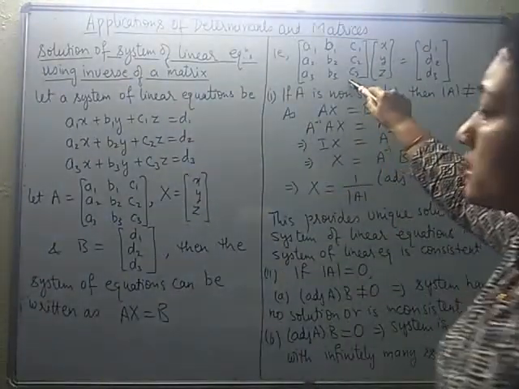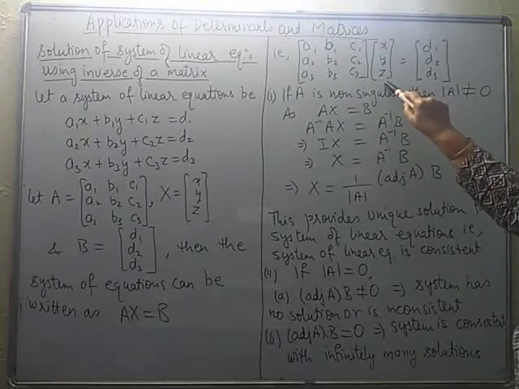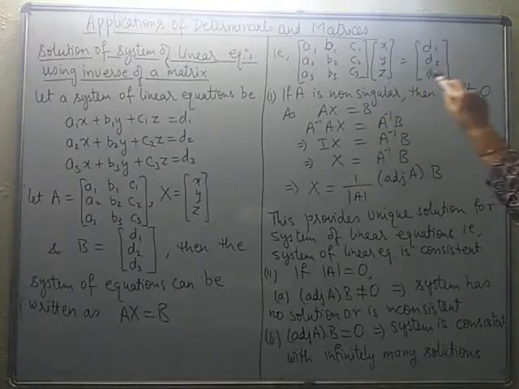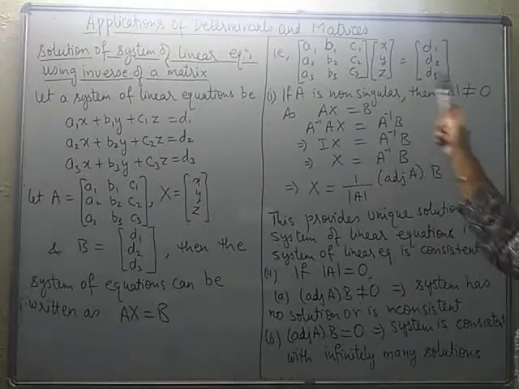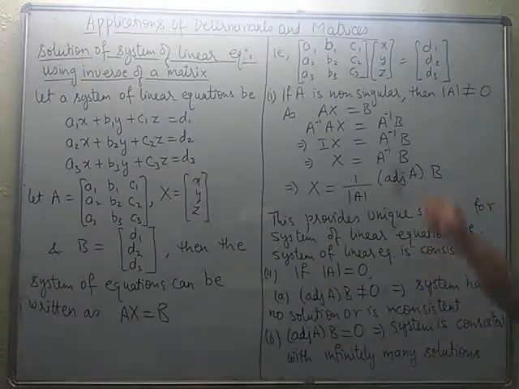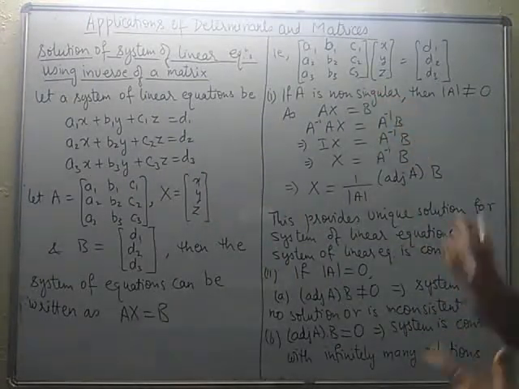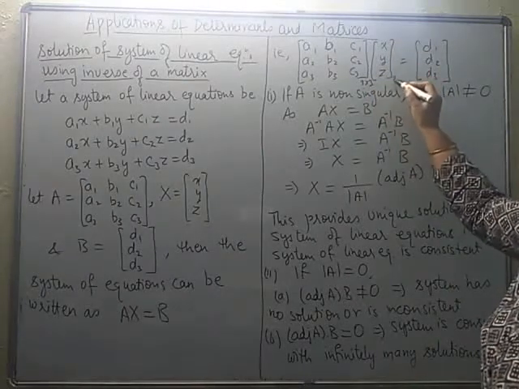So the matrix of coefficients multiplied with the matrix of variables, and on the right side I have written the matrix of constants. We can quickly check whether this gives rise to the system of linear equations or not. You can see this matrix is of order 3 cross 3 and this one is of order 3 cross 1.